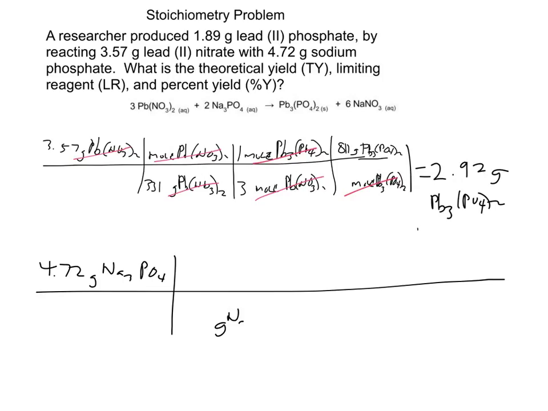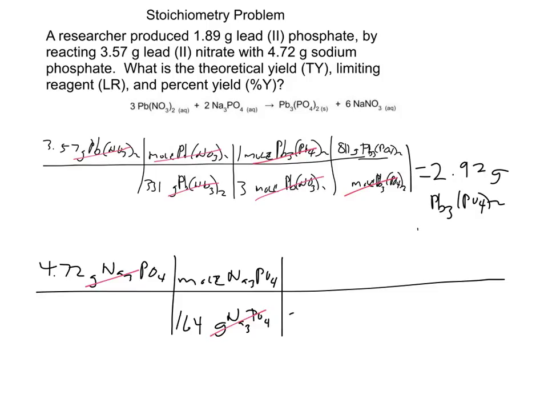Grams Na3PO4, and it's 164 grams per mole. Bridge. Let's cancel the grams. Gone. Whatever unit's up top, put it on the bottom.